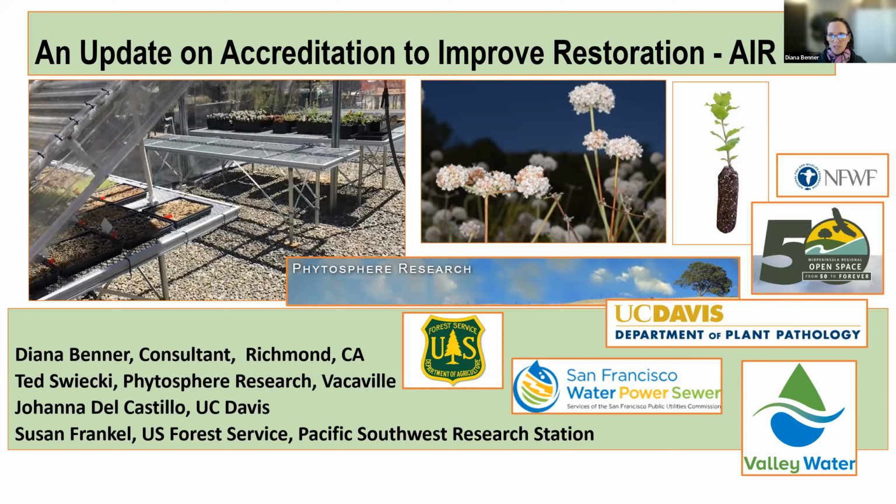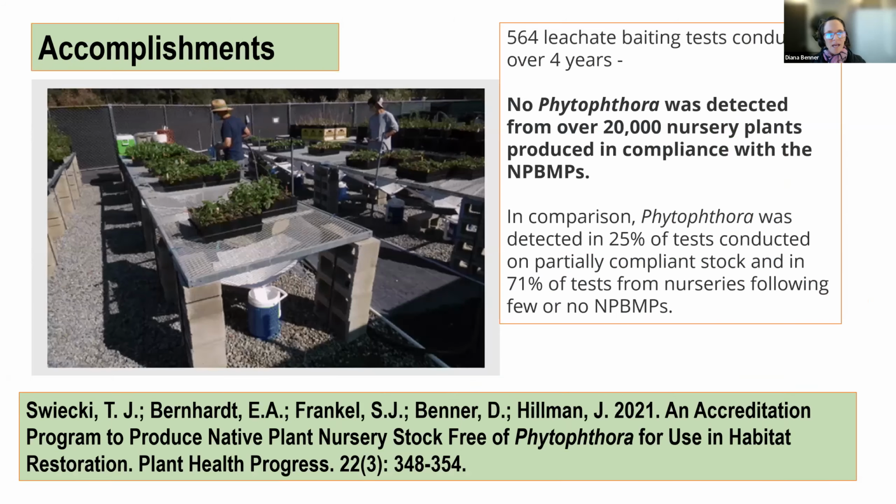They're given the evaluation form, which they fill out on their own, and then the AIR team visits the nursery and often conducts on-site testing at that time too, or in subsequent visits. Then the team and the participant work together to improve areas of production that pose a risk for Phytophthora infection. That was a really brief description, but I think it encapsulates it.